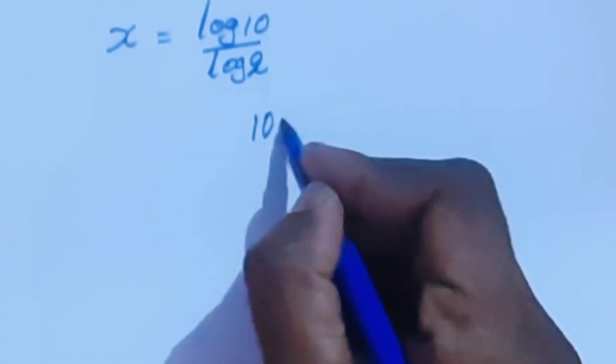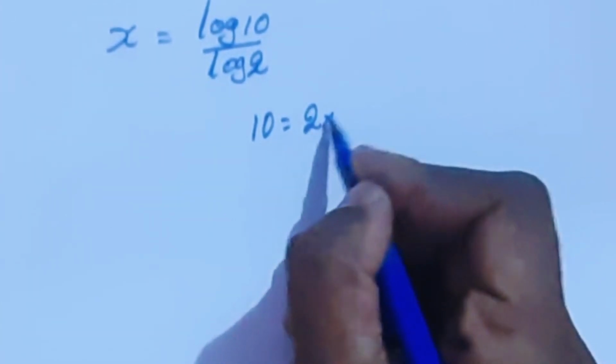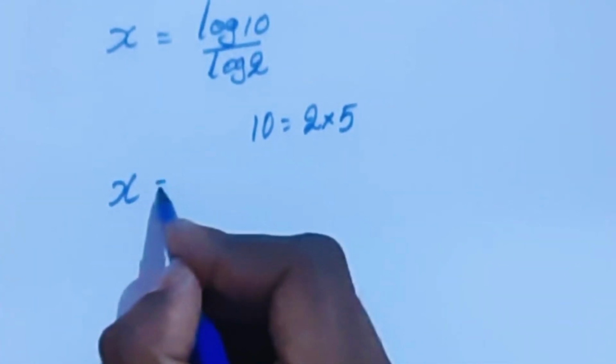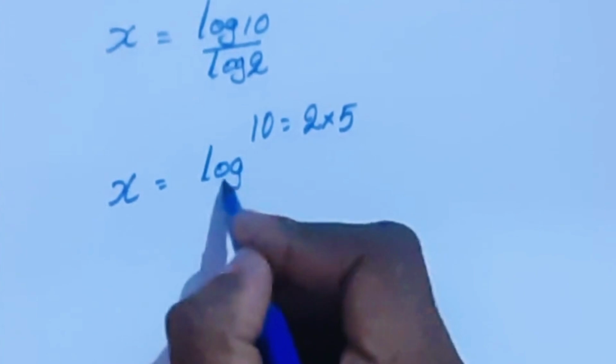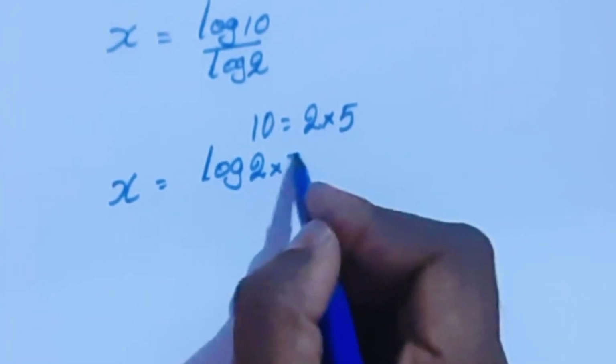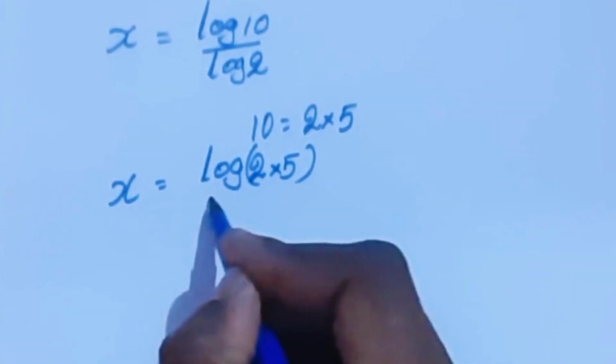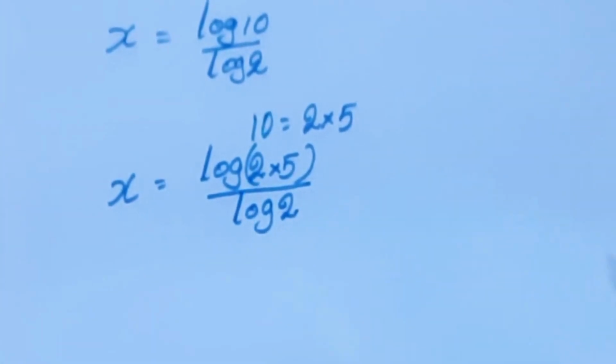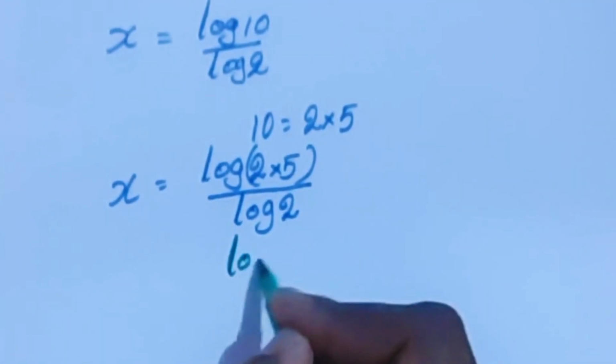Here this 10 can be written as 2 times 5. So this we are going to apply here. X equal to log 2 times 5 whole divided by log 2. Here we are going to apply log product formula.